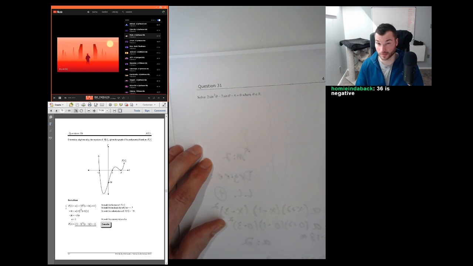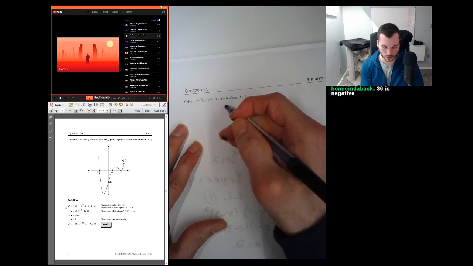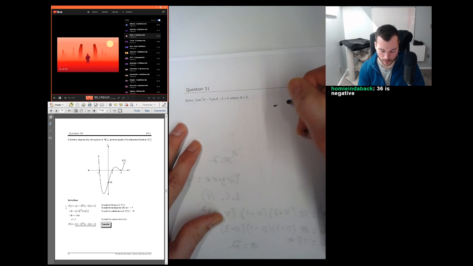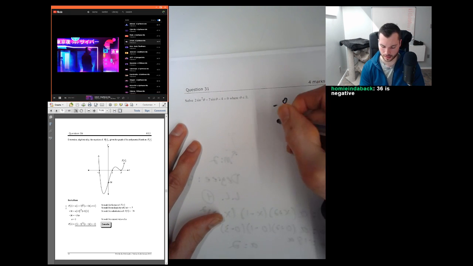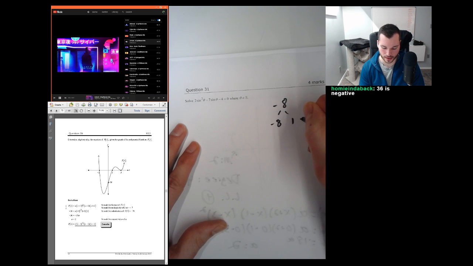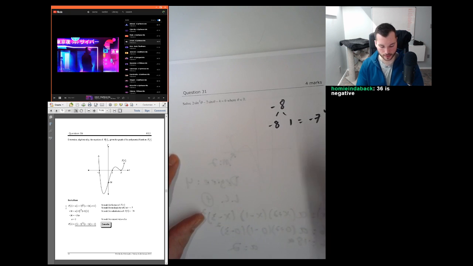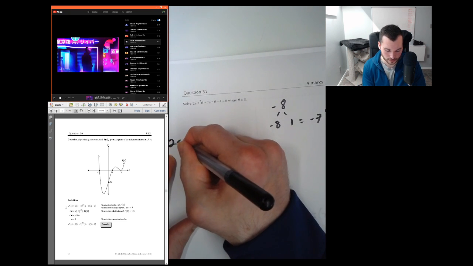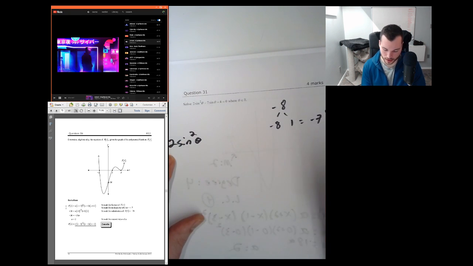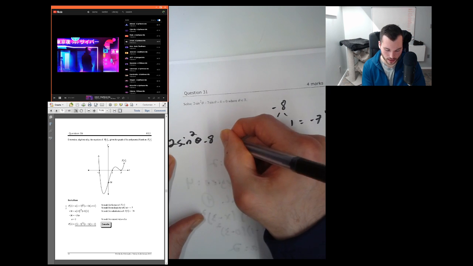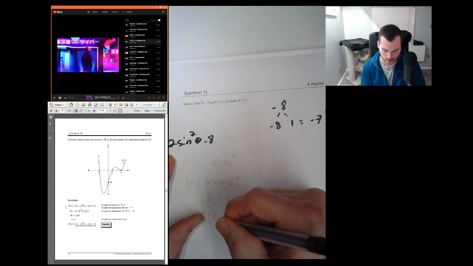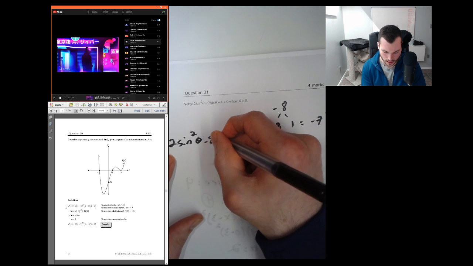So I'm going to do some decomp factoring. 2 and 4 is going to be a -8. -8 can be broken down into -8 and 1, and that equals -7. Ding, ding, ding. That's good. Let's go back there. Sine theta minus 8. Yeah, I'll roll with this one.